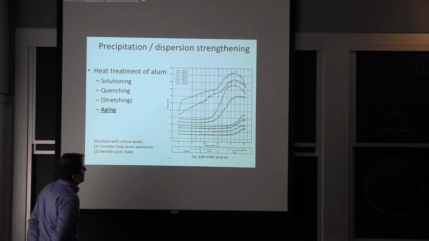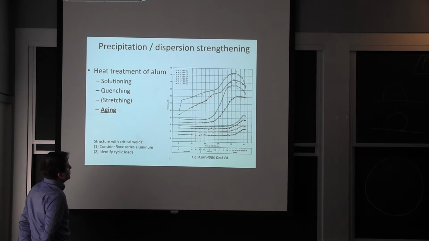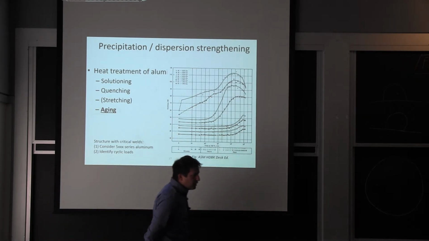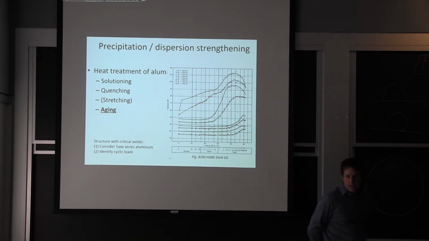So that's the scale of hardness, how the hardness is changing over time. And that's more or less a factor of 2 or 3, depending on the alloy. It goes through a peak, and I think now you have all the background to understand it.